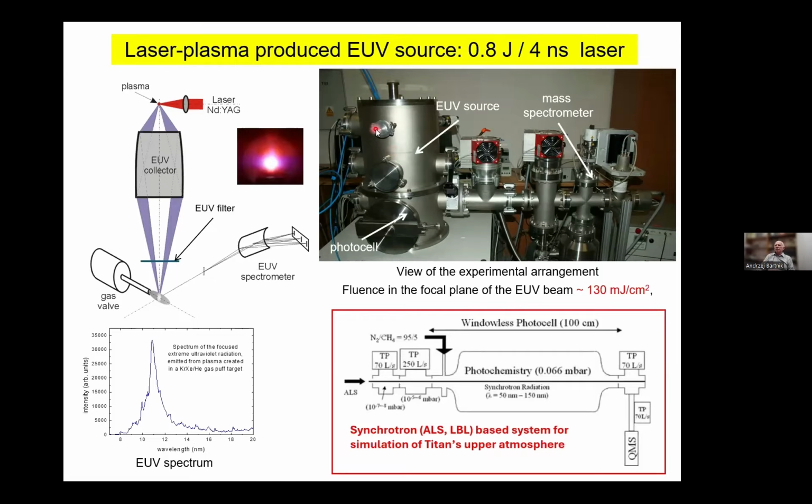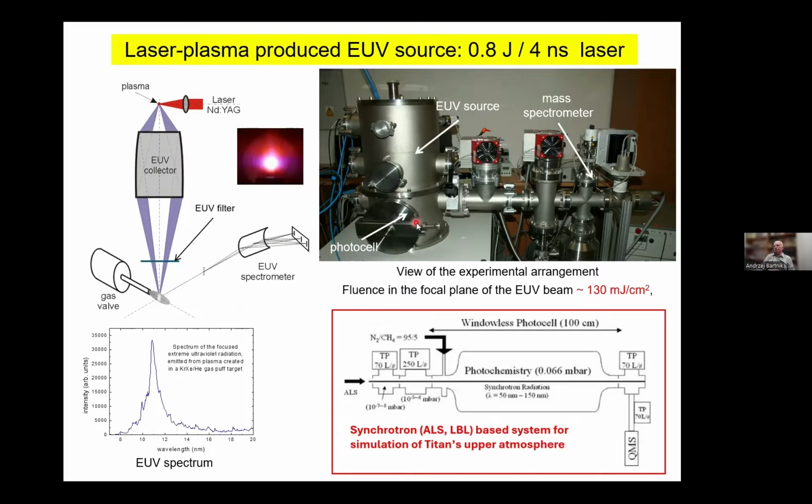It is composed of three sections. In one section, we have laser-produced plasma. In the second section, we have the optics, EUV optics. And in the last section, it is the irradiation.